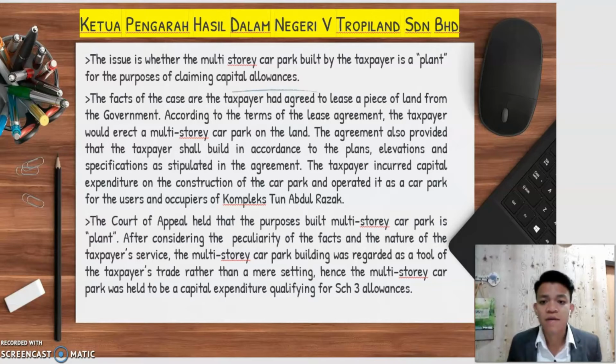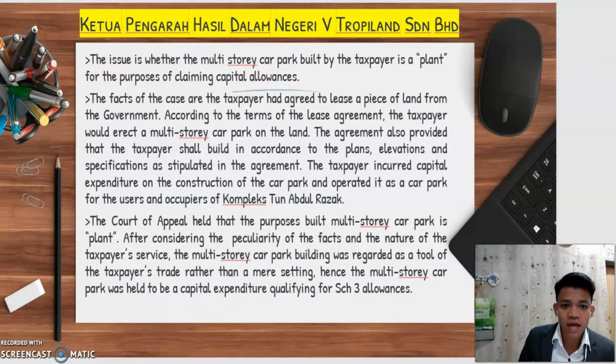Next, cases between Ketua Pengarah Hasil Dalam Negeri v. Tropiland Sendirian Berhad. So the issue is whether the multi-story car park built by the taxpayer is a plant for the purpose of claiming capital allowance. The fact of the case, the taxpayer had agreed to lease a piece of land from the government. According to the terms of the lease agreement, the taxpayer would erect a multi-story car park on the land.